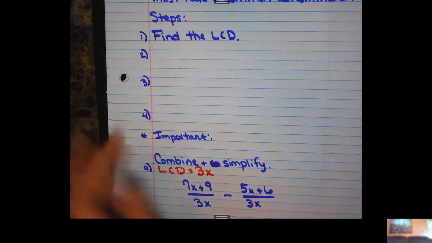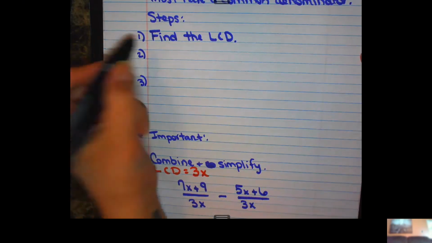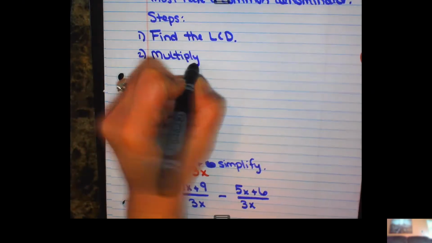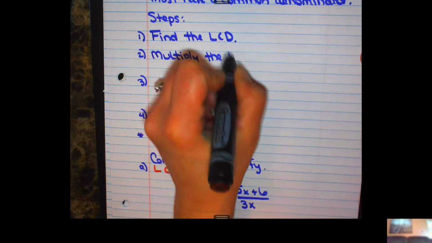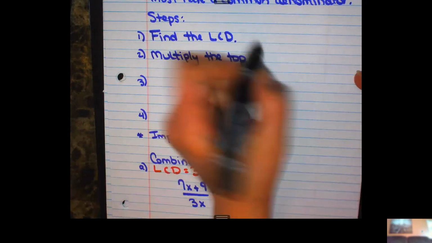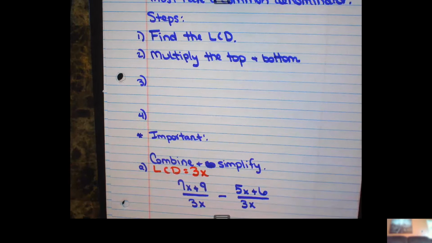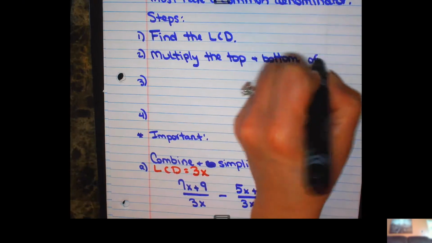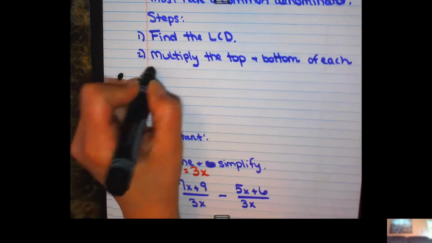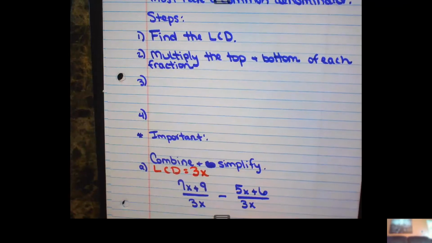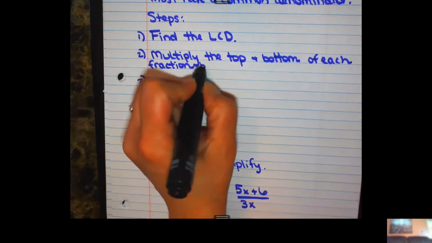So step 2, multiply the numerator and denominator. I'm going to put multiply the top and bottom just to shorten it. So multiply the top and bottom of each fraction by the same factor.